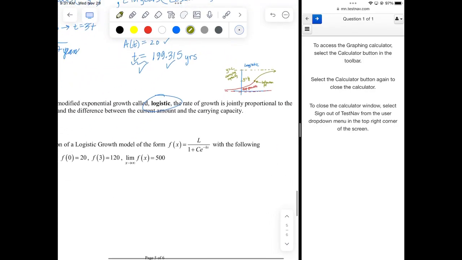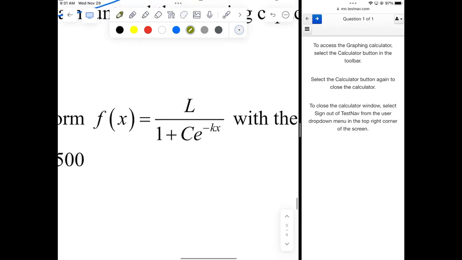All right. Here's what the template equation looks like for a logistic equation. It's f of x equals L. This is your limit to growth. It sits proudly in the numerator. And then it's all over 1 plus c e to the negative kt. So if you take inventory, I have 1, 2, 3 unknowns.